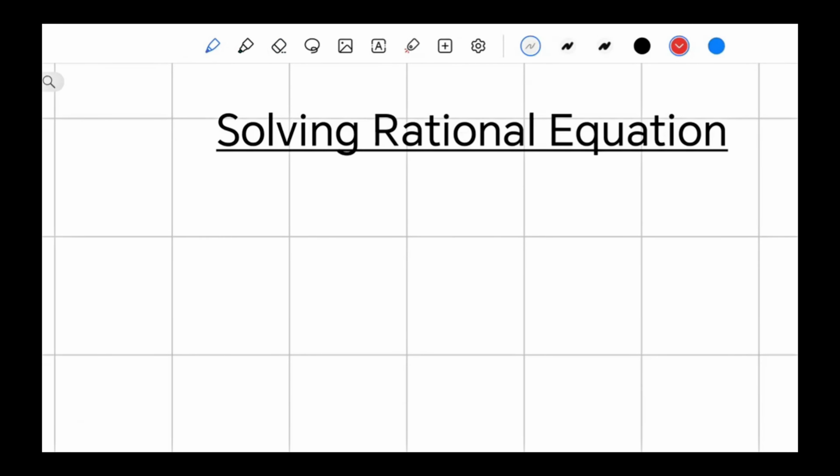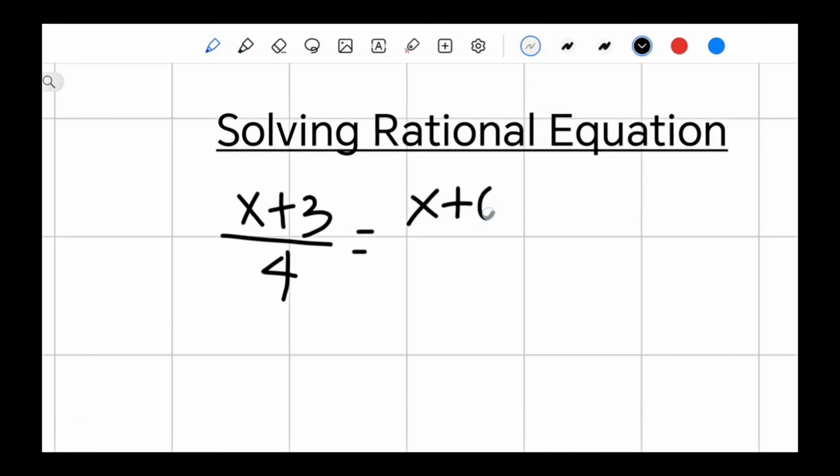Let's do another example. Suppose we have x plus 3 over 4 equals x plus 6 over 6. Again, the first step is to remove the denominator by multiplying it by the LCD.